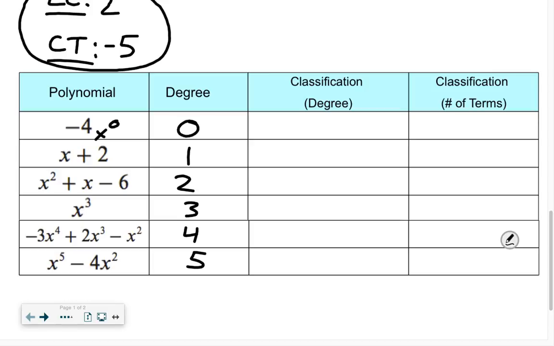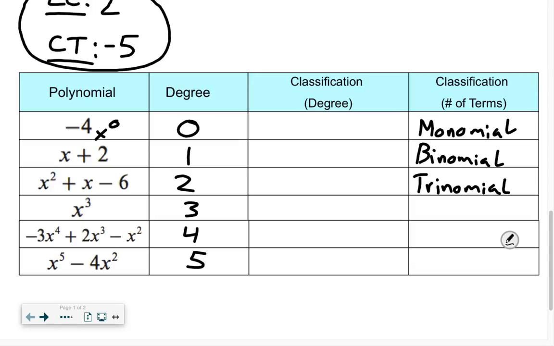So, -4, monomial. X plus 2, how many terms do we have? 2, hence binomial. Next one has 3 terms, hence trinomial. And I will never ask you to identify any terms greater than 3.